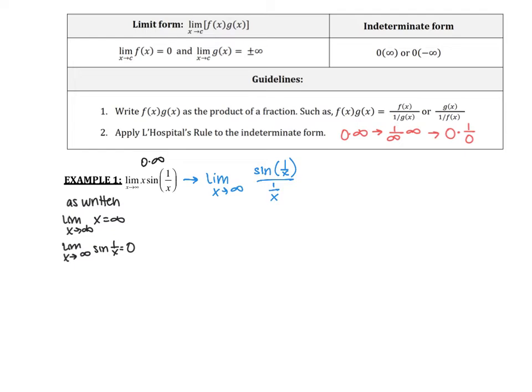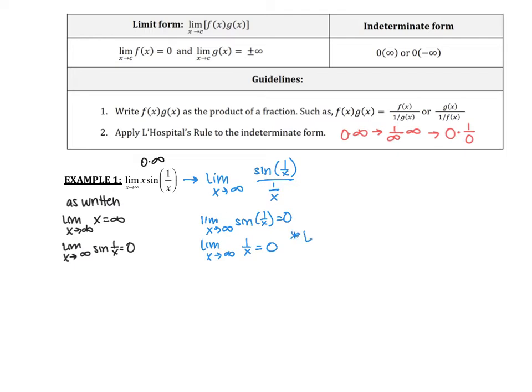Now let's check this. When we check this one with the division, the limit as x approaches infinity of sine of 1 over x, we already said was 0. And the limit as x approaches infinity of 1 over x is also 0.